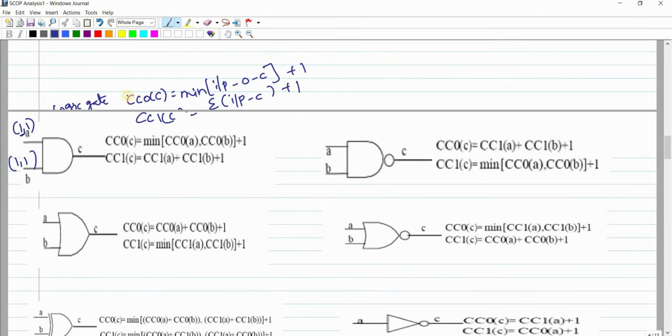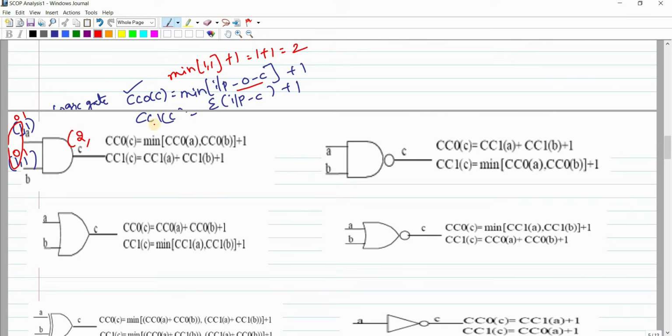If I want to calculate CC0 of C, it is the minimum of input 0 controllabilities. What are the input 0 controllabilities? 1 and 1. Minimum of 1, 1 plus 1. The minimum of 1, 1 is 1 only. 1 plus 1 is 2. Okay, the first one is completed.